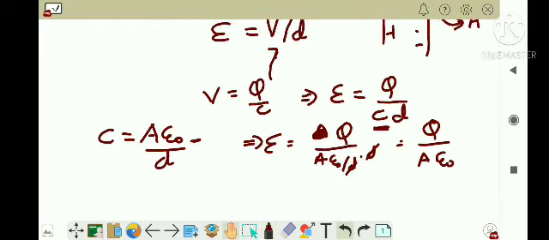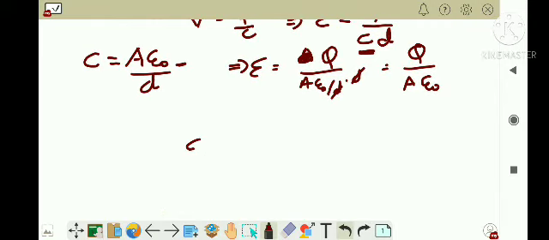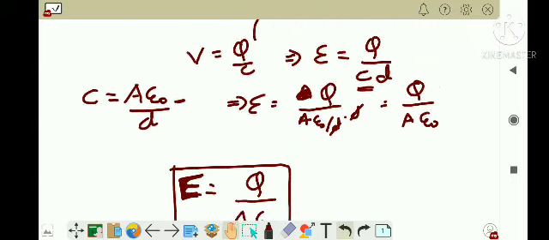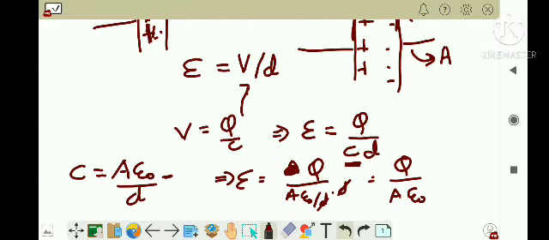So what is the magnitude of the electric field inside the capacitor? It is Q divided by A epsilon naught. Oh, there is a problem: write it as capital E itself for electric field, or you will make a mistake with permittivity.